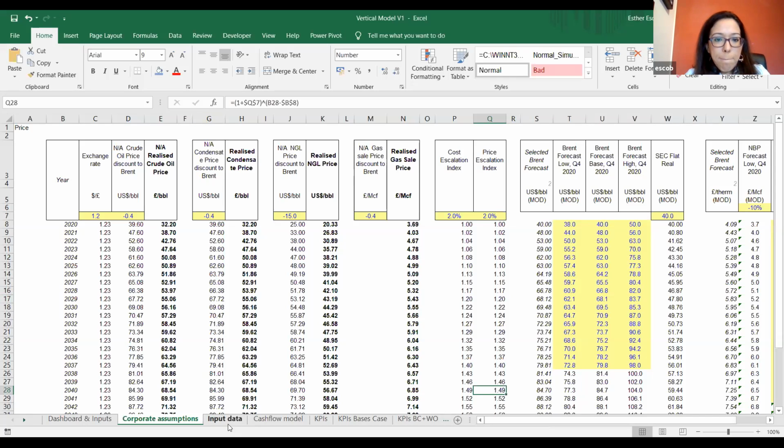Because we have here some discount, we use a realized price. In this case, we are assuming some discount from the Brent.